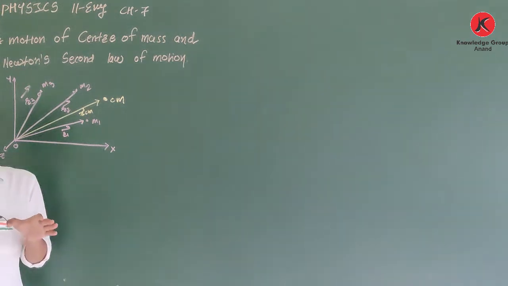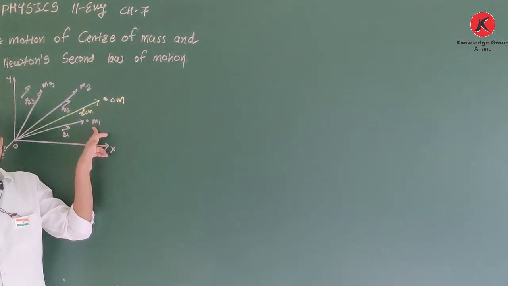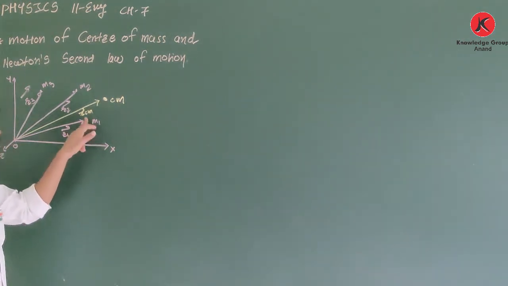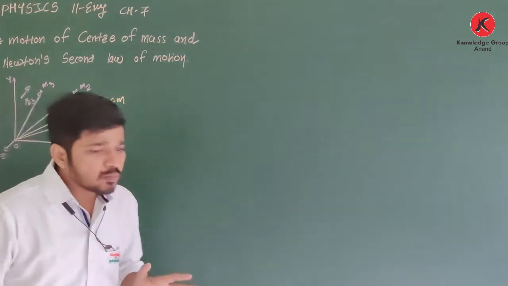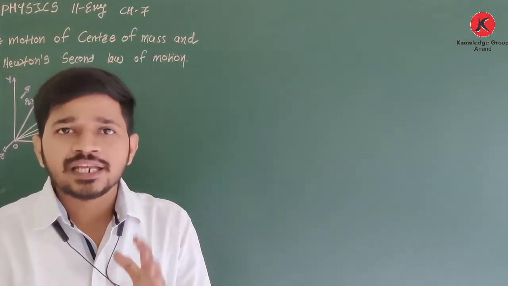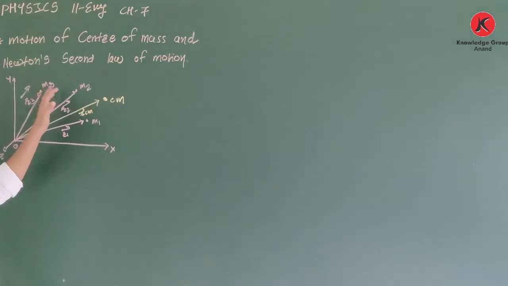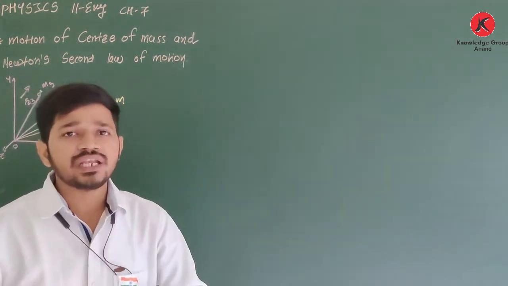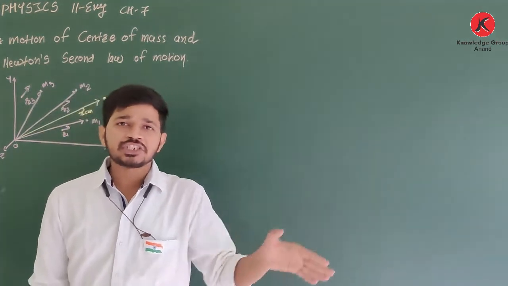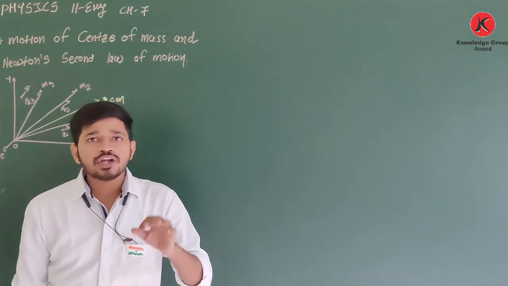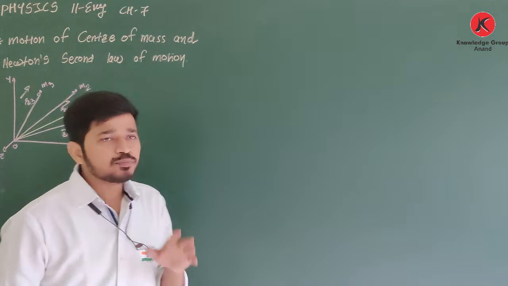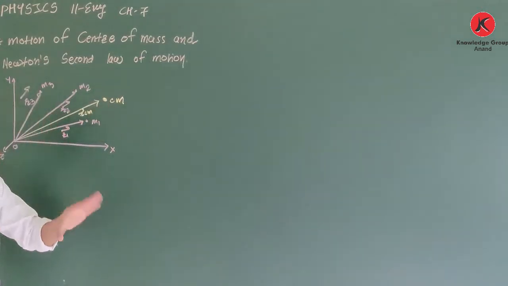Now if these particles m1, m2 and m3 are in motion, they are changing their position. So what is the change in position for the center of mass?